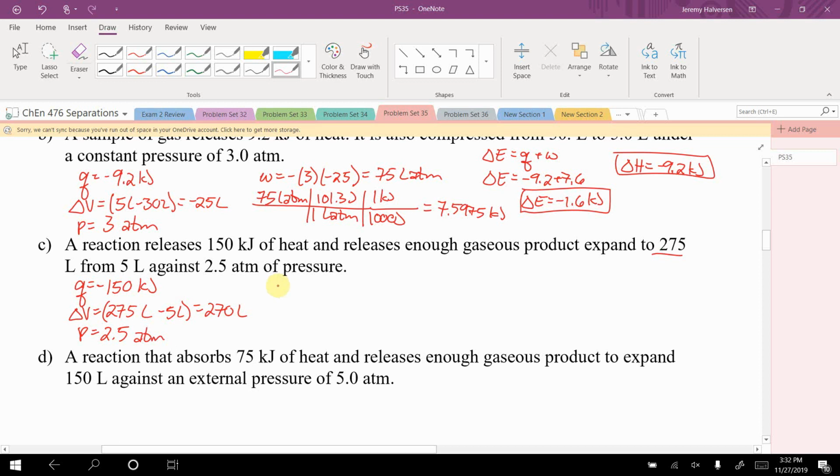Okay, so same thing. Delta E equals Q plus W, and then I'm just going to convert that. I know that 1 liter atmosphere is 101.3 joules. I know that 1,000 joules in 1 kilojoule.